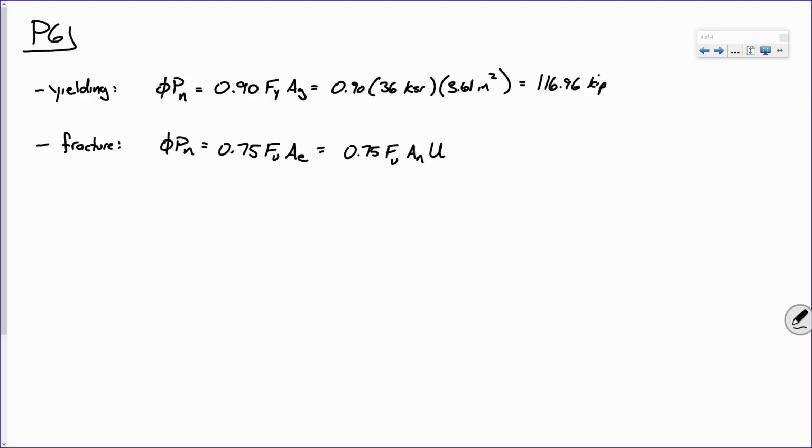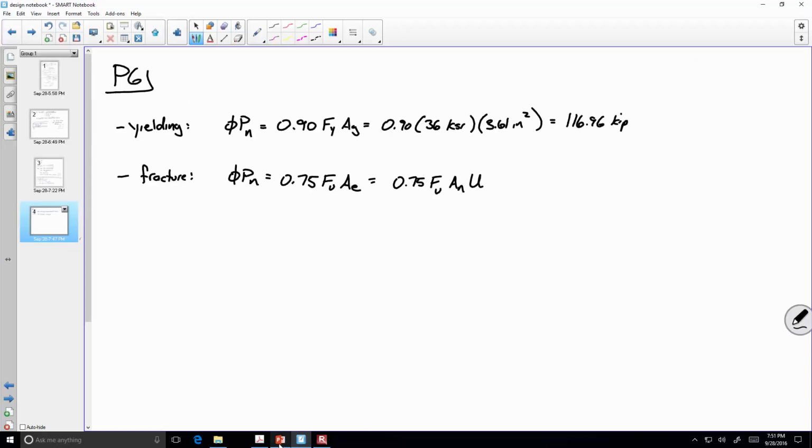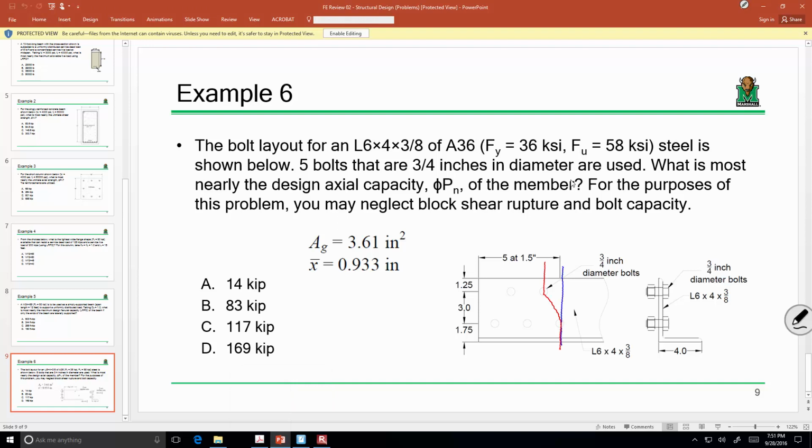Does that make sense? Now, if I go back to my PowerPoint, there's two possible fracture paths. One of them is just perpendicular straight through the section. So how many bolts am I going through on this blue path? One. How many through the second path?